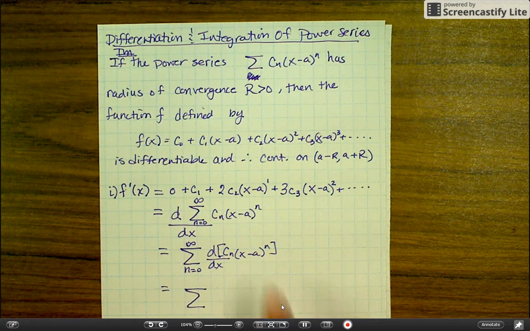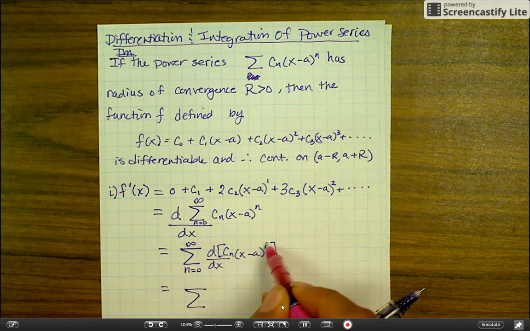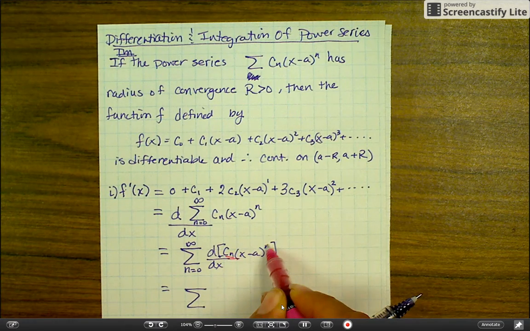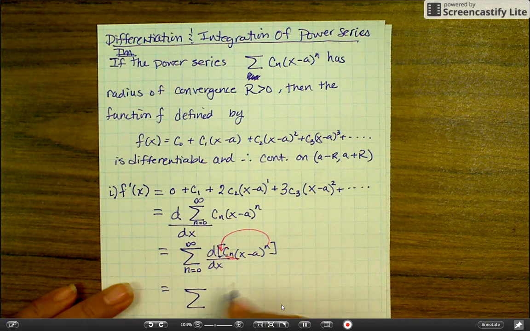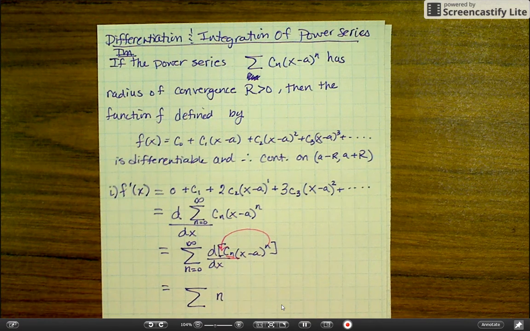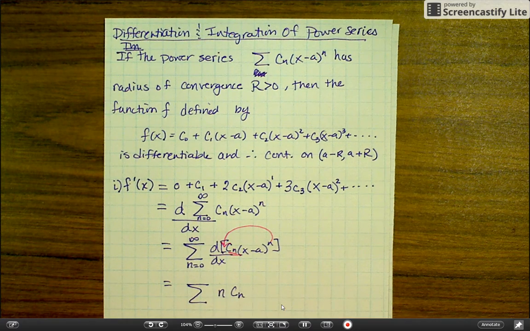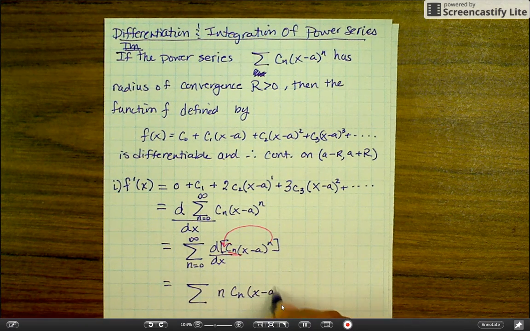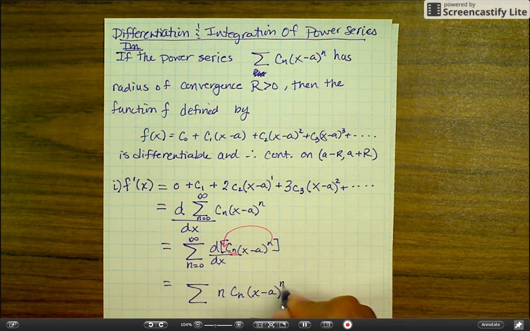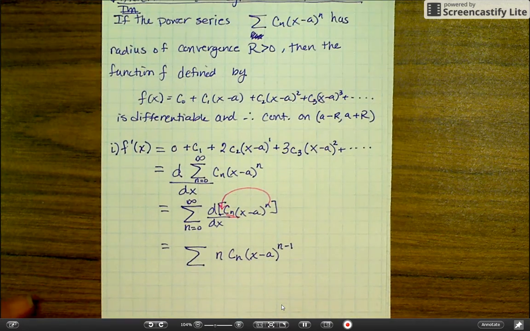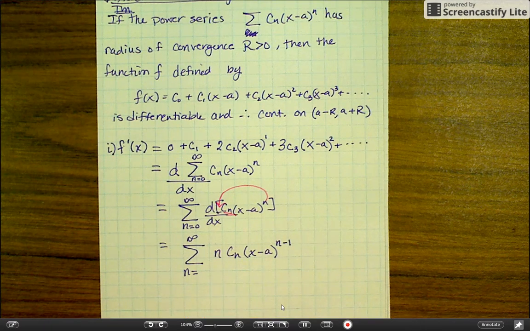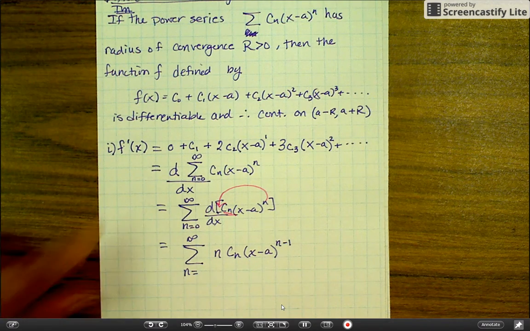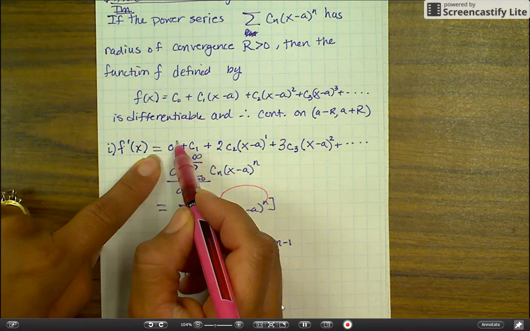Which, if I want to just write this as a sum, then I take the derivative of this term. So what is the derivative of this term? Well, we keep the coefficient, we bring down the exponent, and then we subtract 1 from it. So it's going to be n, when I bring down the exponent, times the coefficient, x minus a to the n minus 1, n equal to infinity. Now at this point, we need to think twice. Is it n equal to 0 or n equal to 1? Well, we know when I did this expression here, this went to 0. Goodbye.